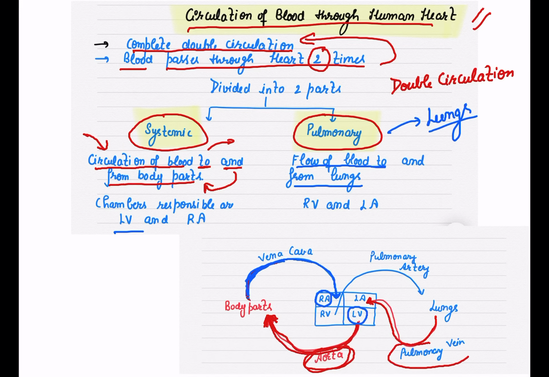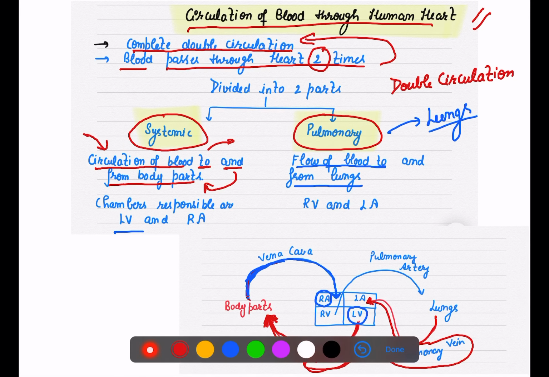The pulmonary vein. And who is receiving this blood? The left atrium. Now the right ventricle has deoxygenated blood, so from the right ventricle through the pulmonary artery, blood will move into the lungs. Which chambers are involved here? I will also mark it with red. So the left atrium and right ventricle are involved in pulmonary circulation.